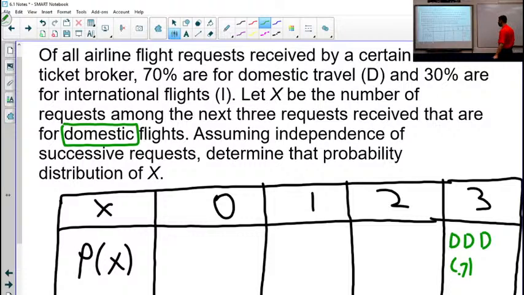The second one needs to be domestic. And the third one needs to be domestic. So that's our probability distribution. 0.7 times 0.7 times 0.7, or 0.7 cubed. I believe that should be 0.343, if I'm doing my mental math correctly.